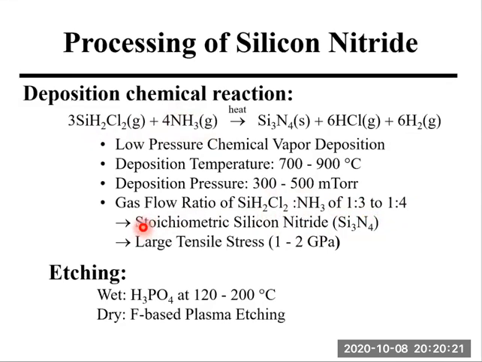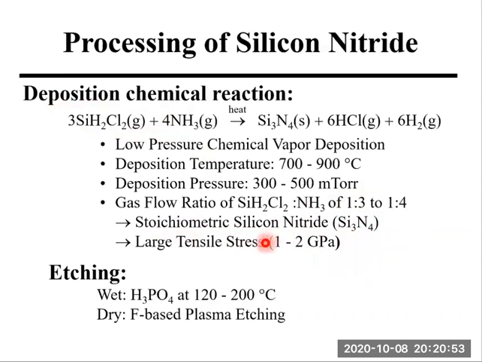Then what we get is a stoichiometric silicon nitride, namely the silicon to nitrogen ratio is 3:4, same as the reaction ratio. This is called stoichiometric silicon nitride. So with this overflow of ammonia, we get stoichiometric silicon nitride.